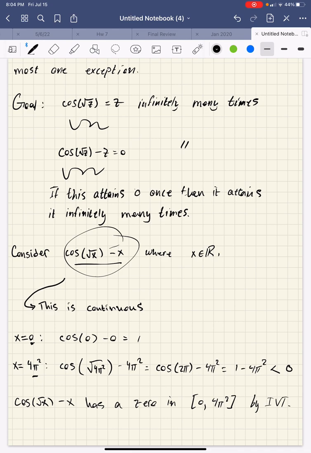And then finally, tracing our logic back up, since cosine square root of z minus z attains 0 once, it has to attain it infinitely many times. So overall, cosine square root of z equals z infinitely many times. All right, and that'll do it.